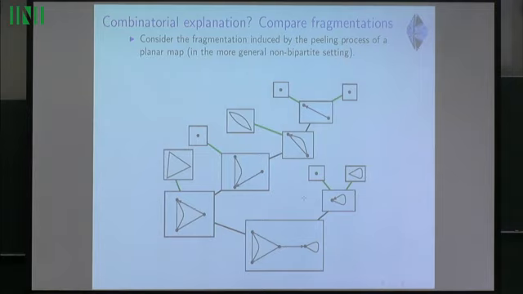So what you get in the end is a kind of binary tree where each branch in the tree corresponds to one of these decompositions of the map. So this is really a dual description of the peeling process to the one that I described before, where I view the planar map as unexplored and I decrease the size of the unexplored holes in the map.